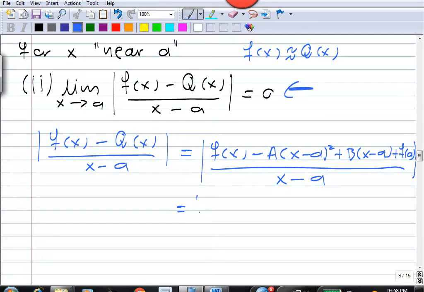And rearranging a little, we get f of x minus f of a over x minus a.